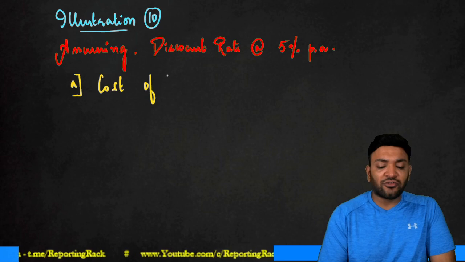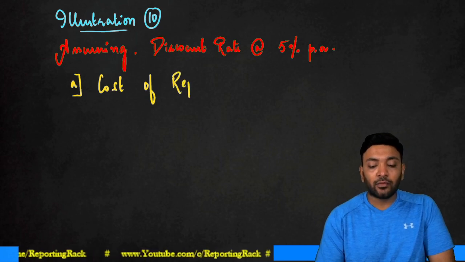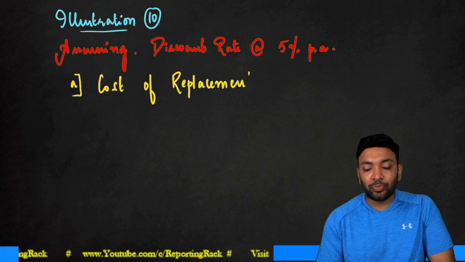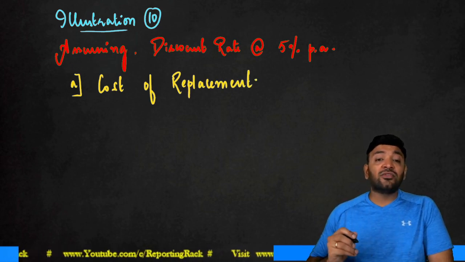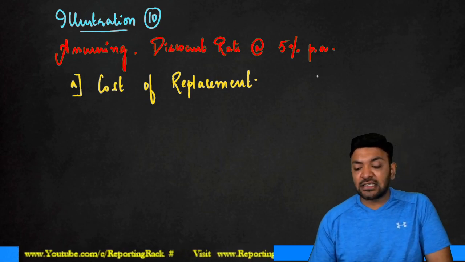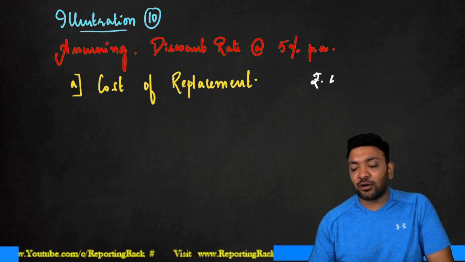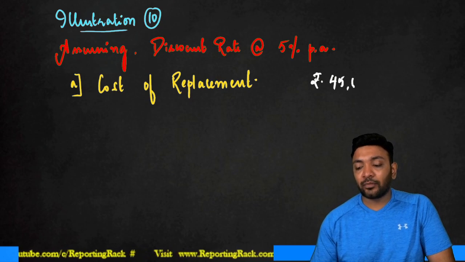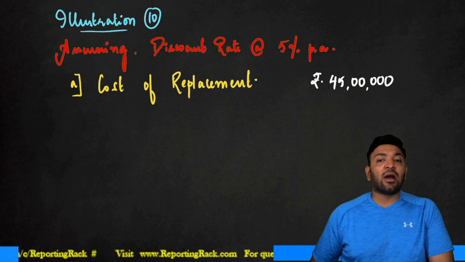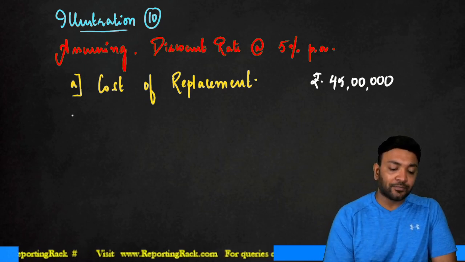What is the cost of replacement? The cost of the replaced component should be capitalized to the cost of the asset. In this case, the cost of replacement is 45 lakhs. The turbine, which was acquired at a cost of 45 lakhs.